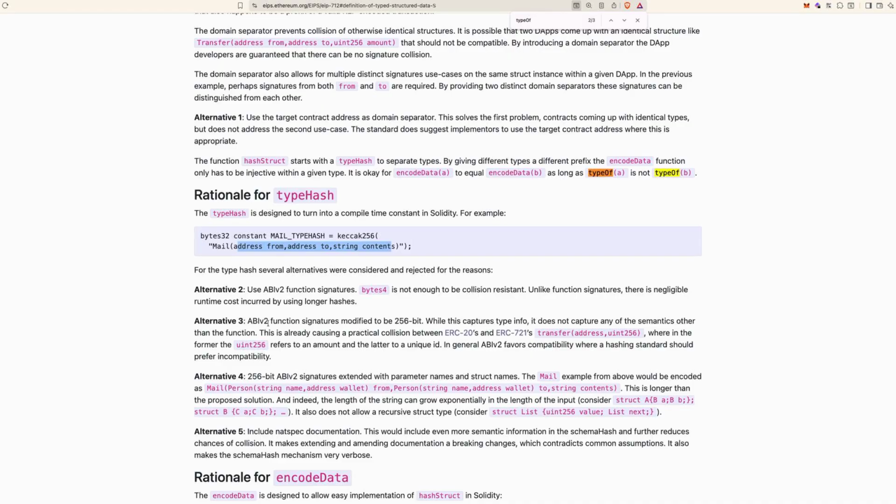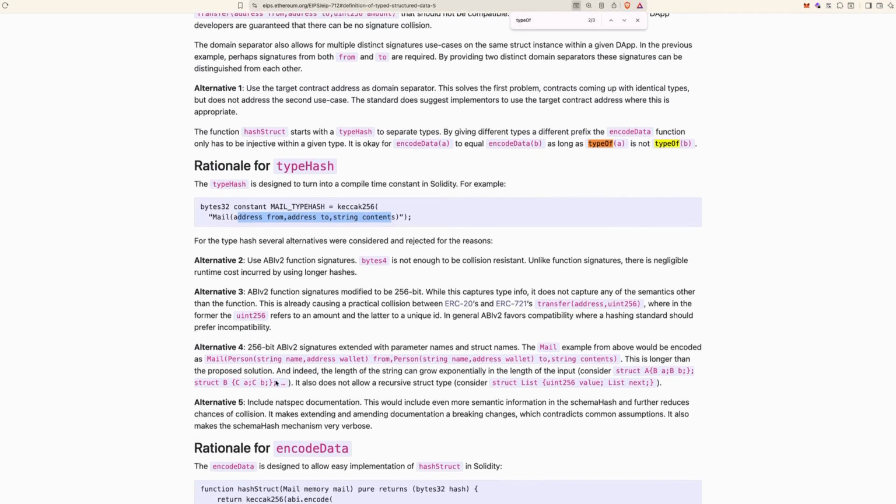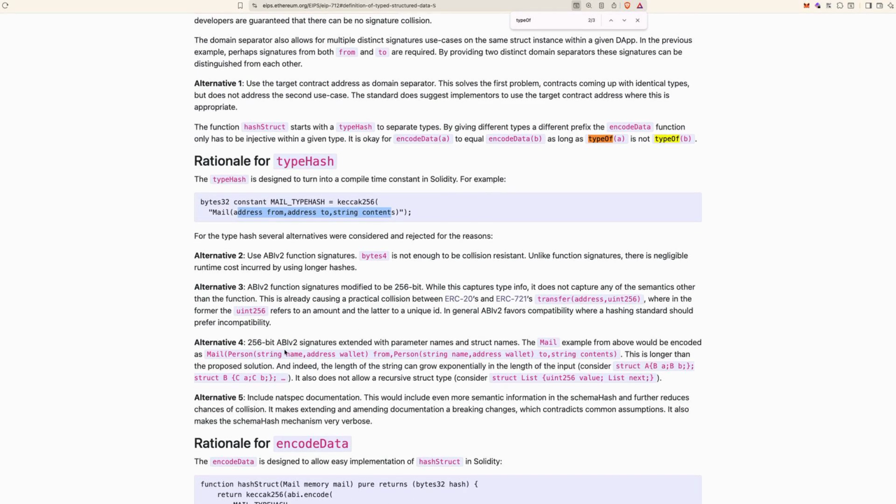Alternative: ABI-v2 function signature modified to be 256-bit, ABI version 2 signatures extended with parameter names and struct names. The mail example from above would be encoded as Mail(Person from,Person to,string contents),Person(string name,address wallet). This is longer than the proposed solution, and indeed the length of the string can grow exponentially in the length of the input.